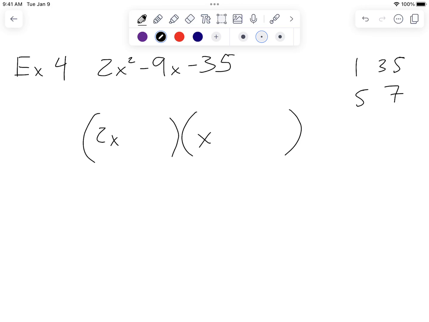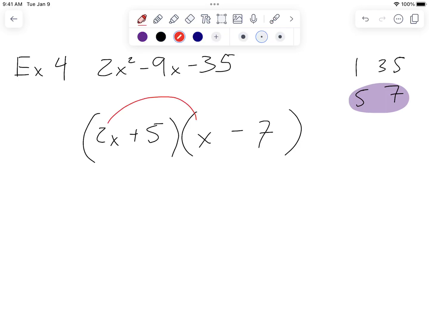Now looking at this, I'm thinking that it's going to be the 5 and 7. So I'm going to try that one first. So we can say plus 5 and minus 7, and then we're just going to check. This makes 2x squared. This makes minus 14x. This makes plus 5x, and that makes minus 35.